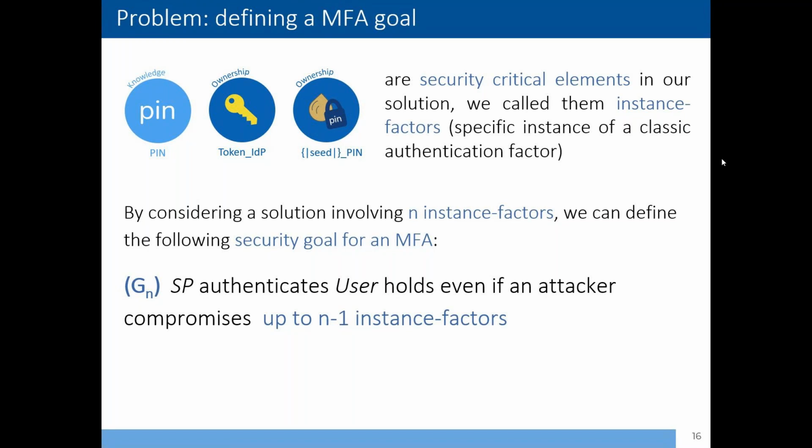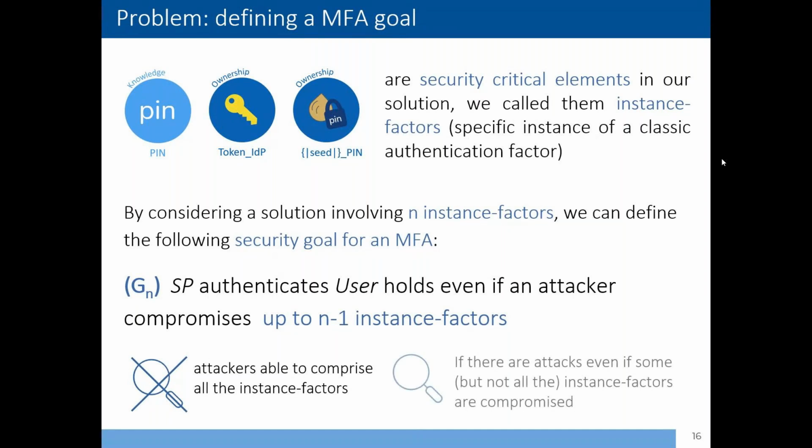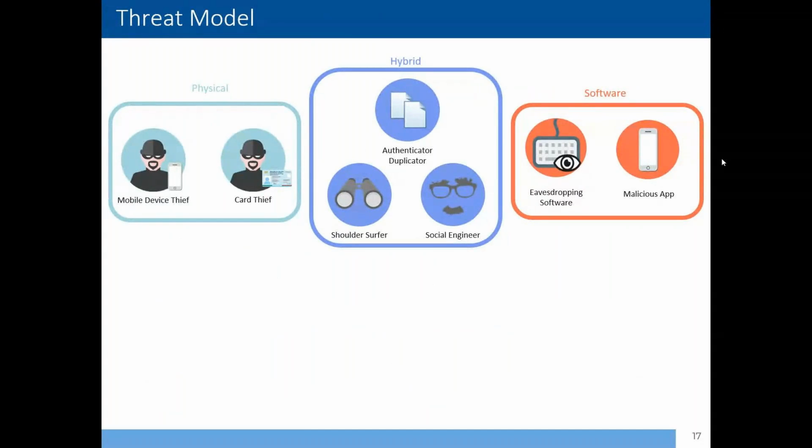This means that in our analysis, we do not focus on attackers able to compromise all the instance factors. What we are going to check is if there are attackers, even if some but not all the instance factors are compromised.